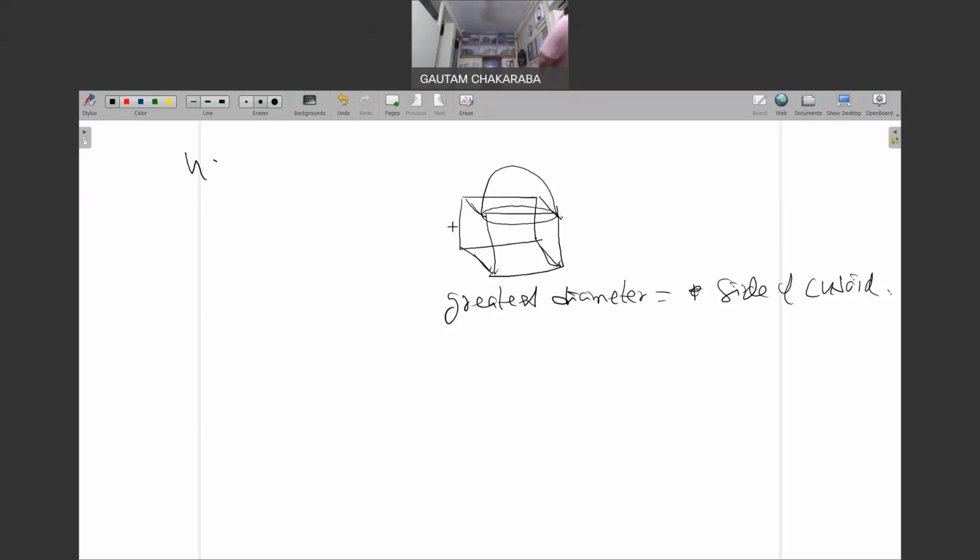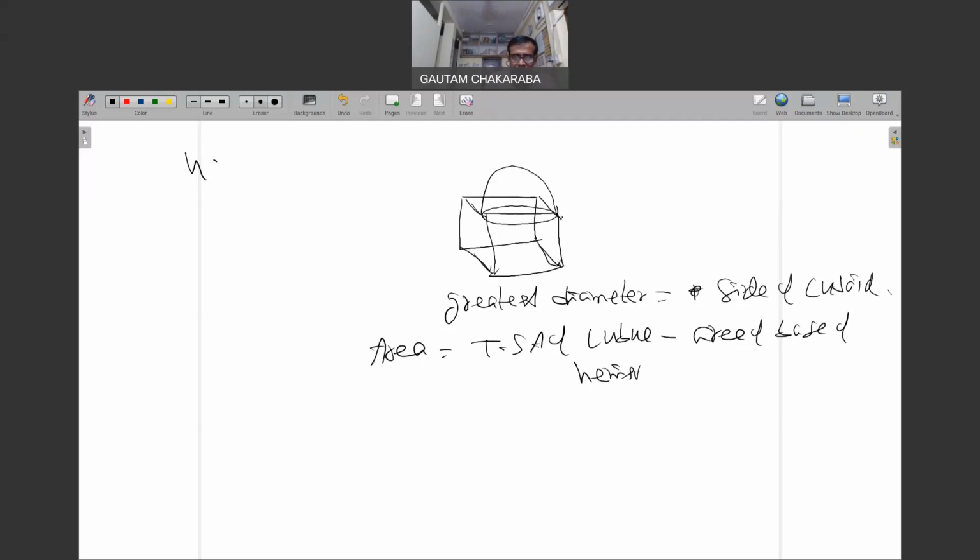Now, what is the area? Area means this portion is removed, because this is an open circular portion. Area is equal to TSA of the cube minus area of base of hemisphere plus CSA of hemisphere.